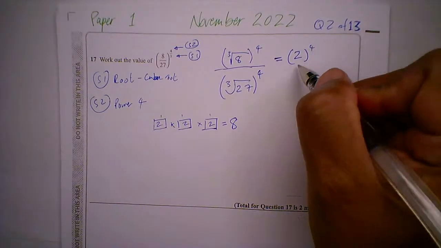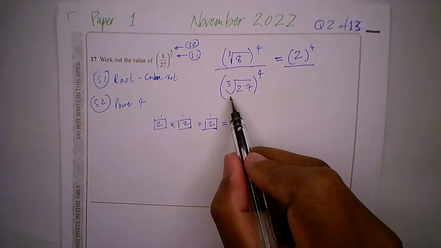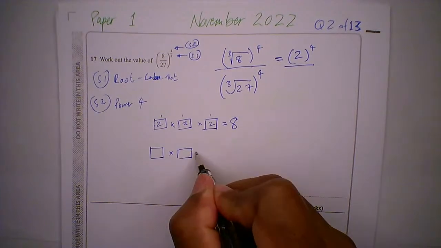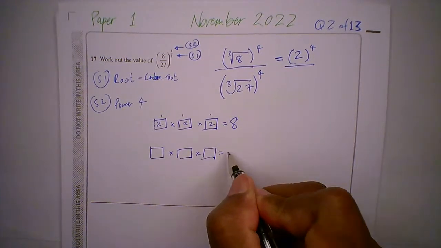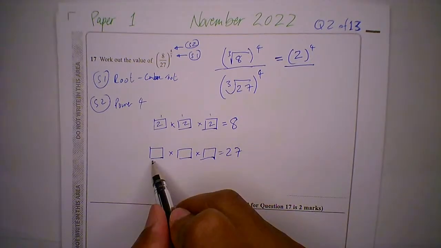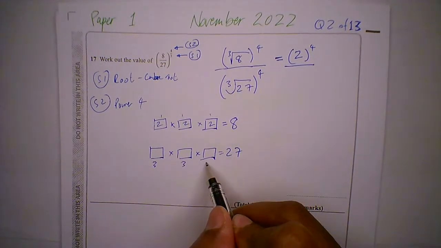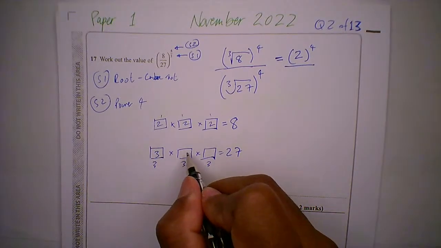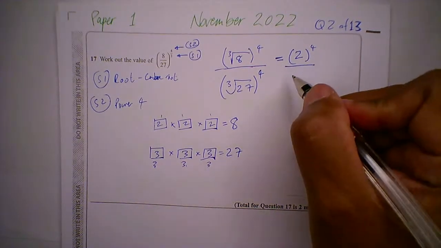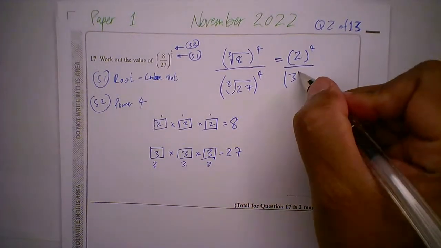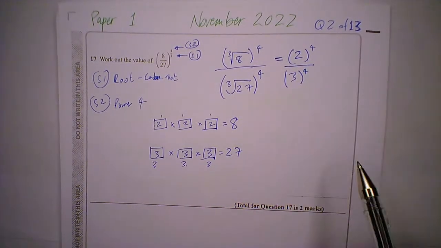I'm going to raise that to the power 4. Now I'm going to look at the cube root of 27. What number multiplied by itself 3 times gives me 27? It's not 1, it's not 2. If I look at 3 times 3 times 3, 3 times 3 is 9, times 3 is 27. So the cube root of 27 is 3, and I raise it to the power 4.